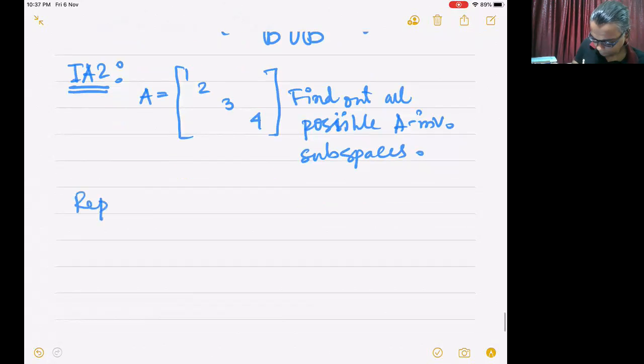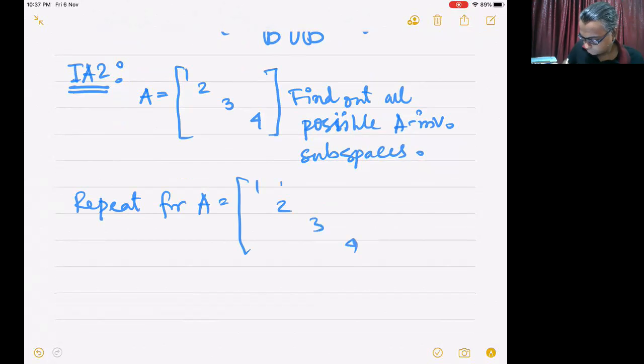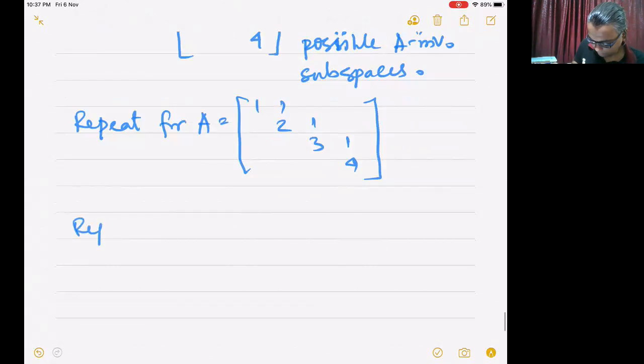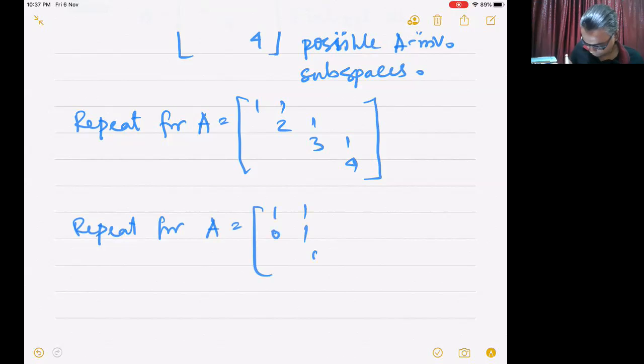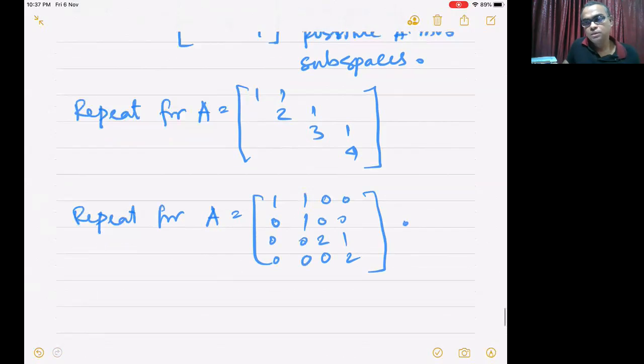Repeat for A equal to, say, 1, 2, 3, 4 on the diagonal, but there is a 1 here, 1 here, 1 here. Repeat for A equal to 1, 1, 0, 1, 0, 1, 1, 0, 1, then 2, 1, 0, 2, 0, 0, 0, 0, 0, 0, 0, 0. Right? Do these problems and let's meet on the other side of the break.